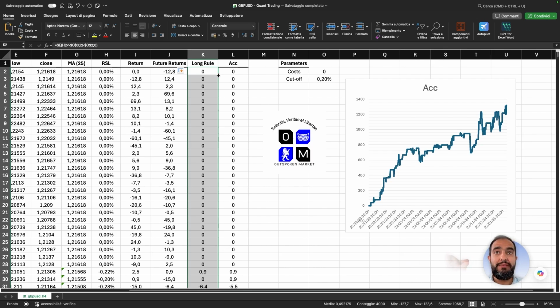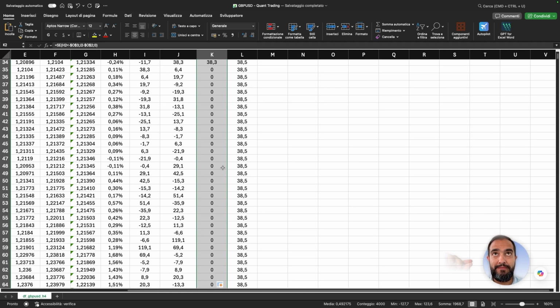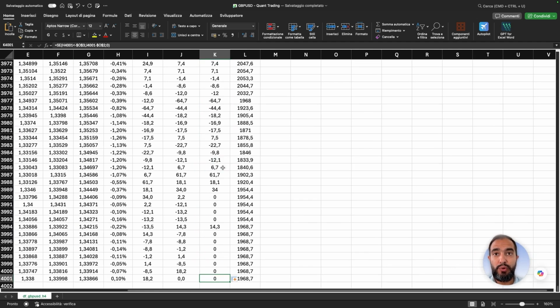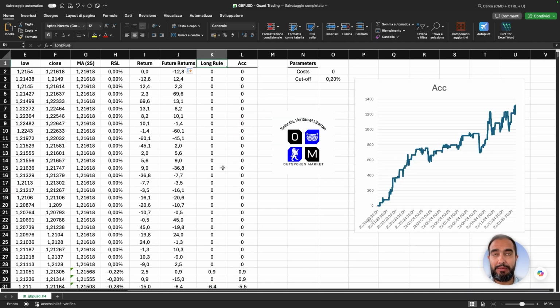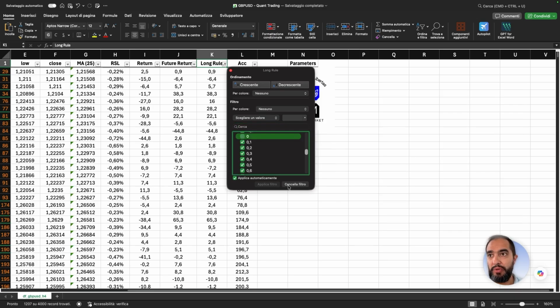We don't trade all the time. We have 4,000 data points, and if I select just the non-zeros, excluding the zeros, we see that we are trading 27%, actually 30% of the time.